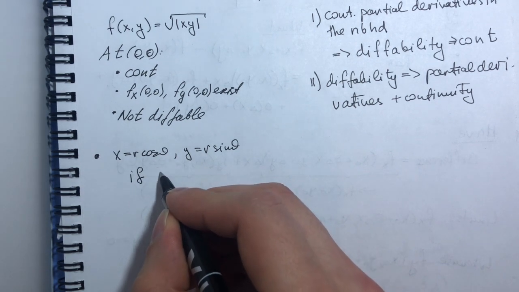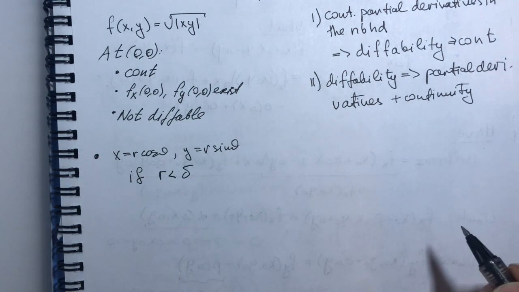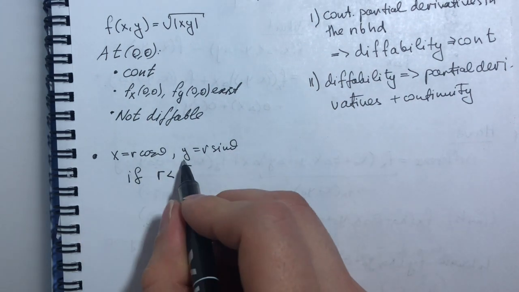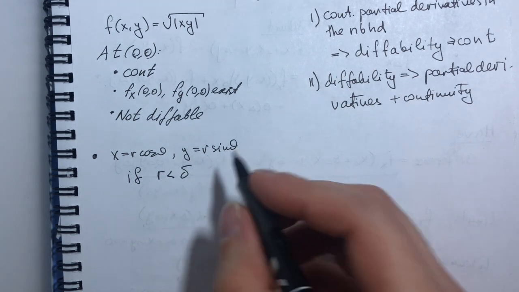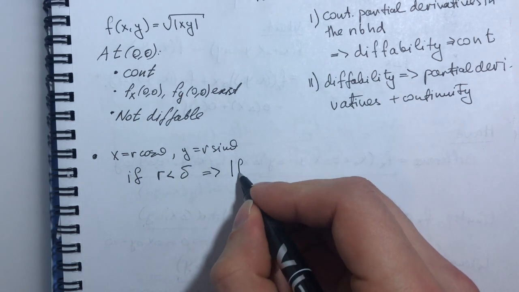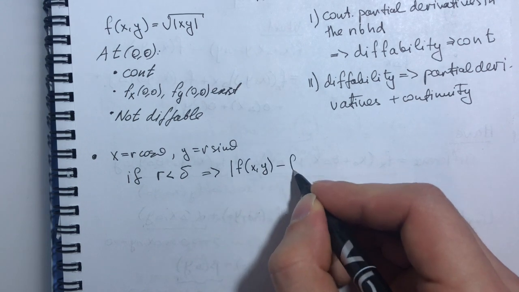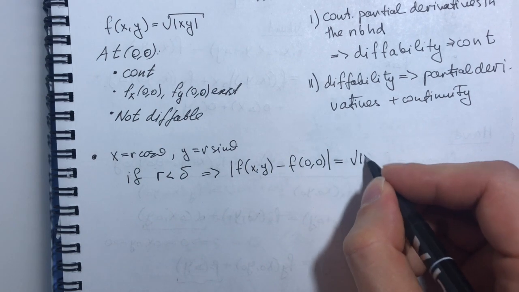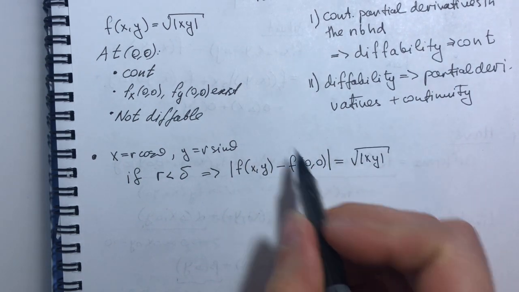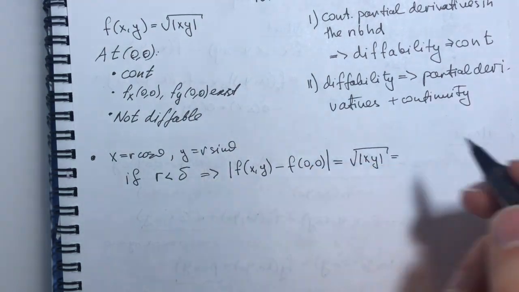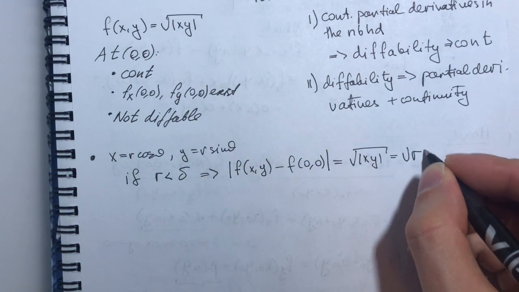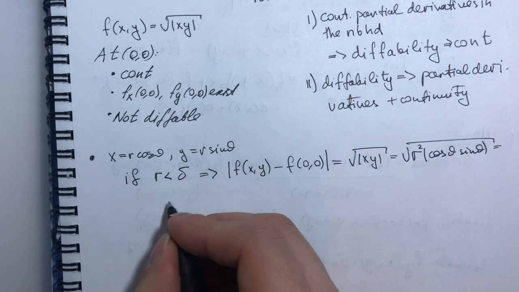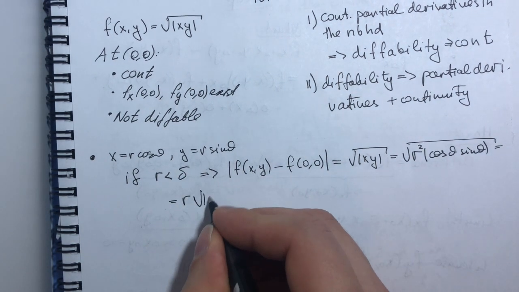If this radius is less than delta, so the distance of a point (x, y) from 0 is just r, then the function value at (x, y) minus this is simply that, right? Because at (0, 0) the function is 0. Using polar coordinates, we rewrite it like that. And we can take r outside because we know it's positive, it's a radius.